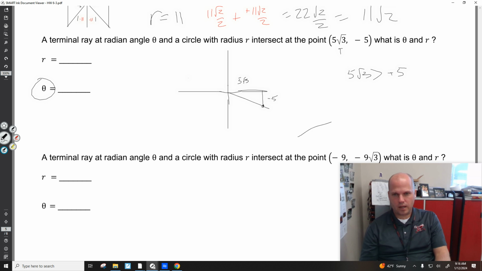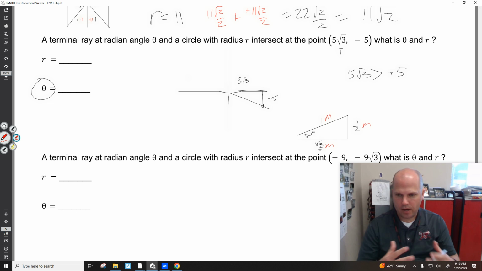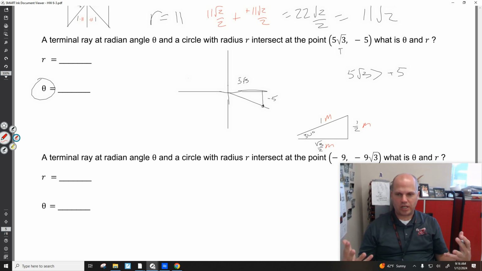I'm going to start with a 30, 60, 90 triangle with what looks like the shorter side being the vertical side and the longer side. Okay? I'm going to think about day 1, where it's like, okay, multiply these all by a multiplier, you'll get a bigger triangle, but the side lengths will stay proportional.